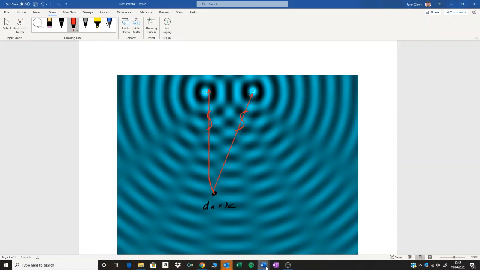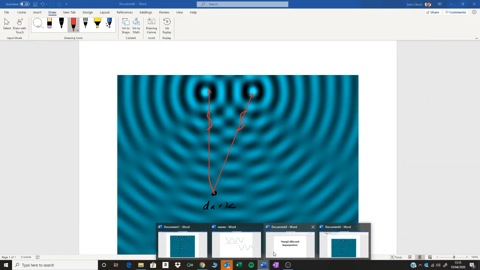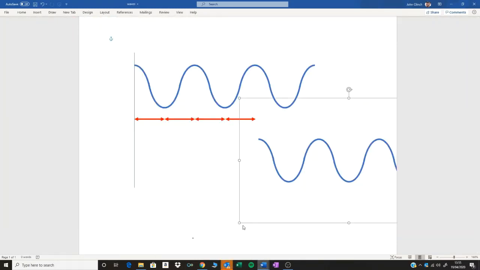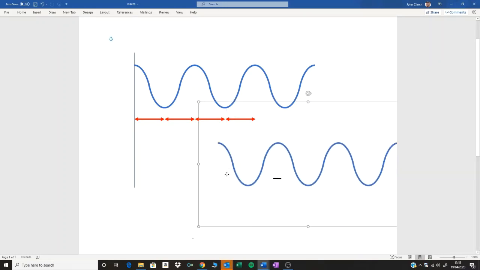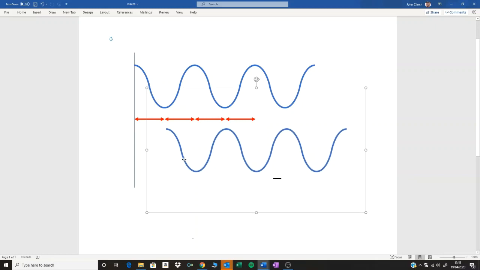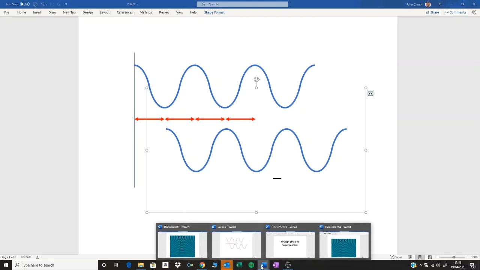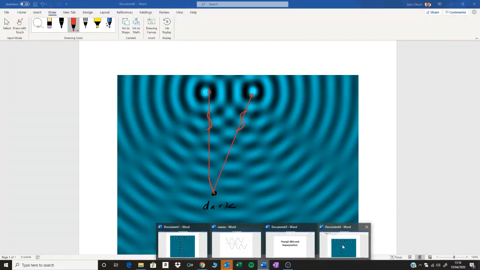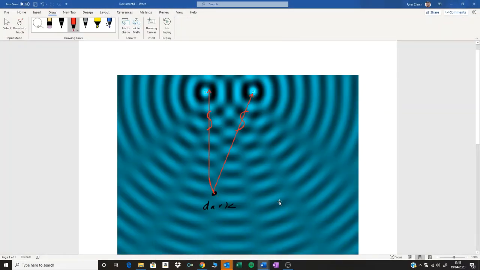Right, good, that's gone. So going back to this diagram here, to get destructive interference, we need a path difference of half a wavelength. So back to this picture here, we can say that here the path difference is half a wavelength.